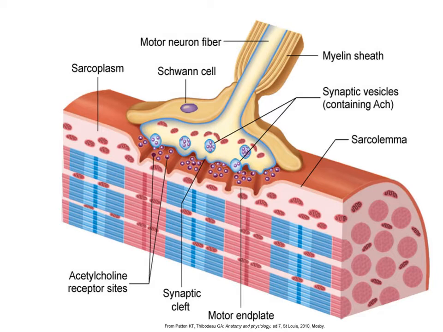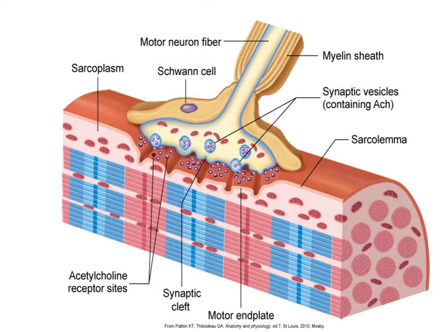Okay, so motor neurons are leaving the spinal cord or the cranial nerves and going to skeletal muscles, for example. Sensory neurons are picking up sensations in the skin or the tissue and traveling to the brain to be interpreted.